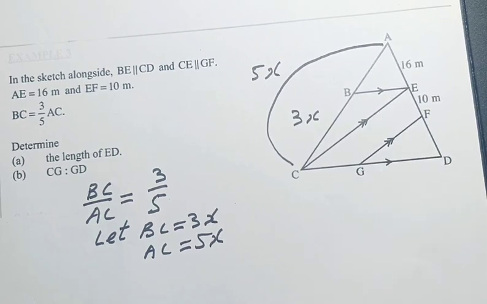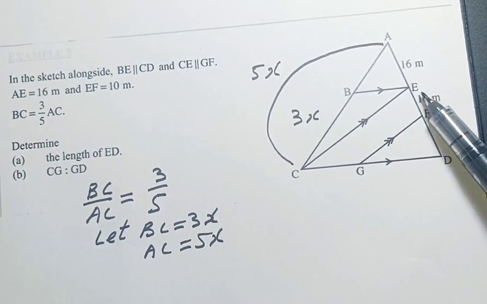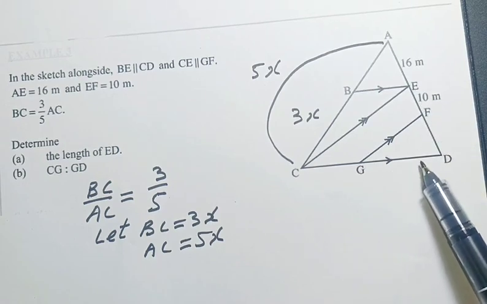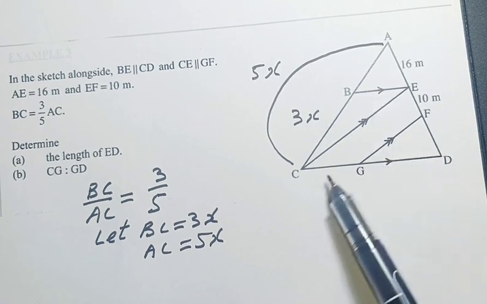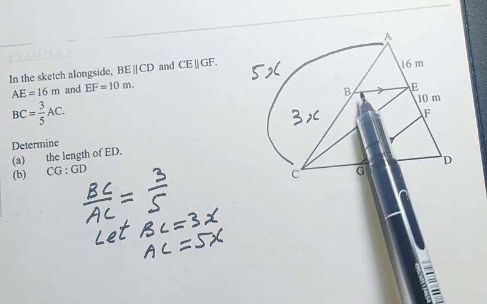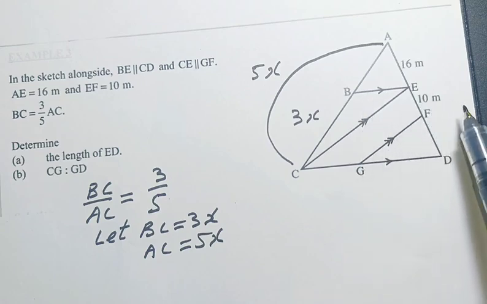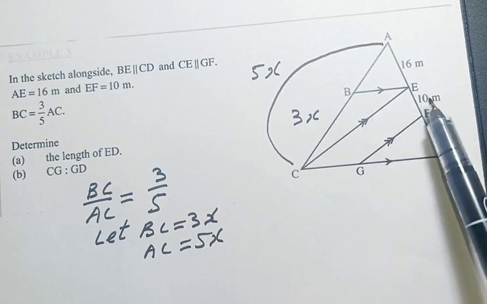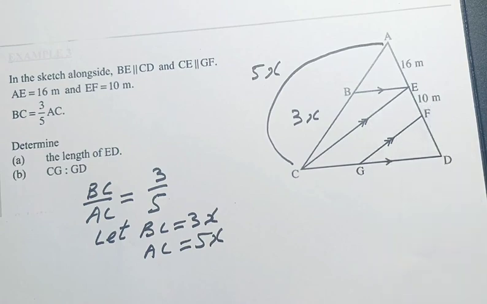So we need to see where ED is lying. Can you see this is the triangle, this one, CD parallel to BE. So ED is lying on this triangle. Let me highlight for you.